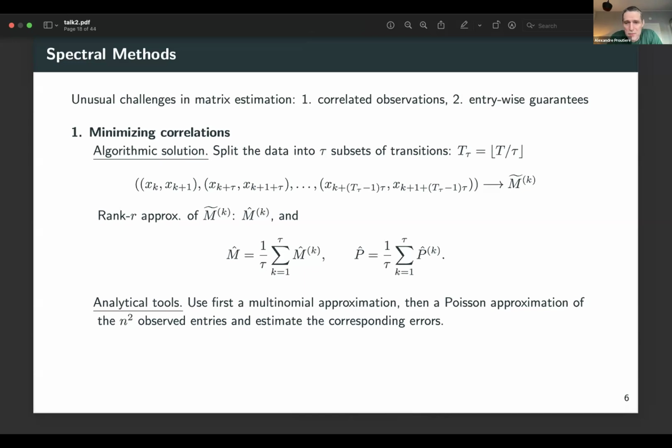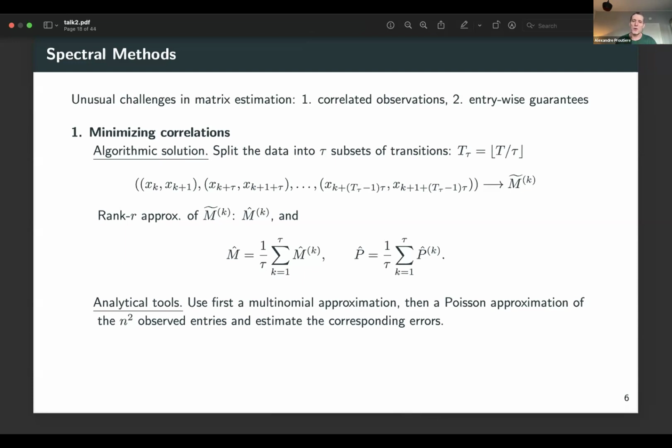The algorithmic solution is, of course, to split the data into tau subsets of transitions, where you separate the transitions by a tau step. Okay, so you construct matrices that correspond to, let's say, the Markov chain observed every tau step. Okay.